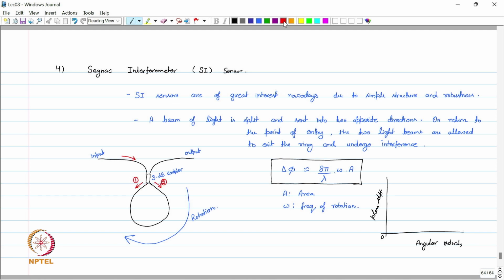The graph looks something like this, which shows the phase shift with angular velocity, and we can see that the phase shift is increasing with angular velocity because delta phi is proportional to omega, the angular velocity.